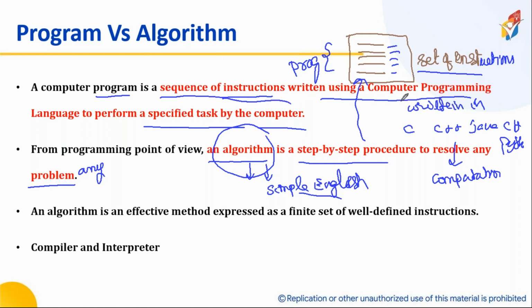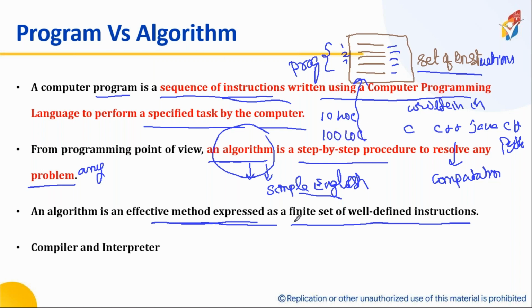Now, if you ask me what is the best way to write a program? Look here. An algorithm can be written in a finite set of well-defined instructions. Some programs may take 10 lines of code; LOC stands for lines of code. Some programs may take 100 lines of code.